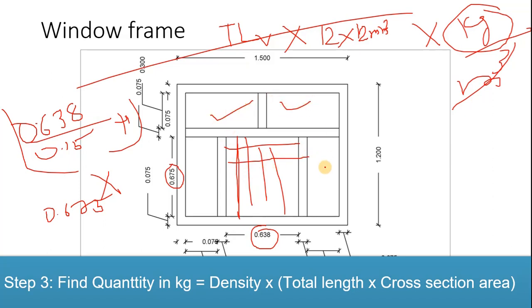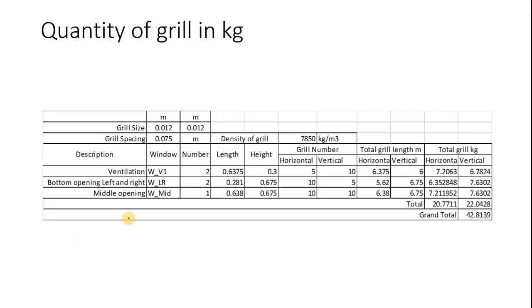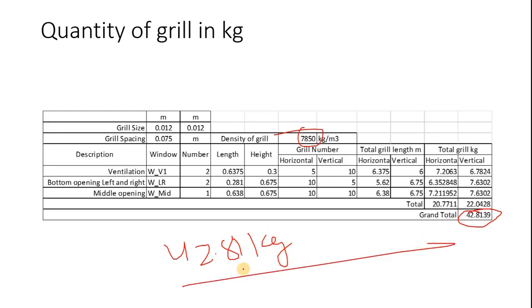Similarly for the other opening we will do the same. Once we get the total length of all the grills, we will multiply by 7850, then we will get the grand total as 42.81 kg. This will be the quantity of grill in kg.